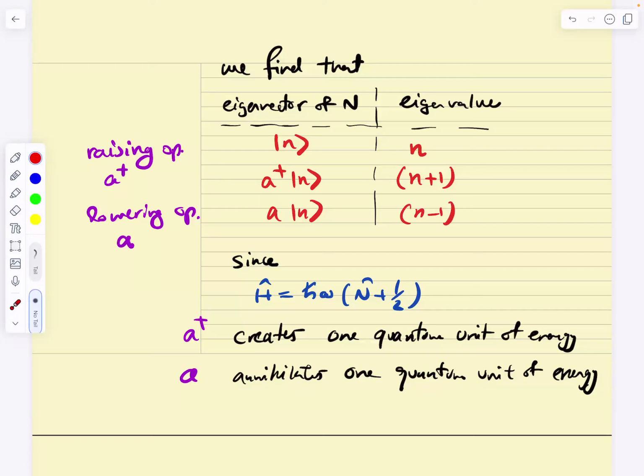This is again war terminology. That just means that a acting on the state that I'm going to call ket 0 should give you 0. We say it's killed by it. So this ket is going to become your vacuum, your ground state. What is its energy? h bar omega over 2.